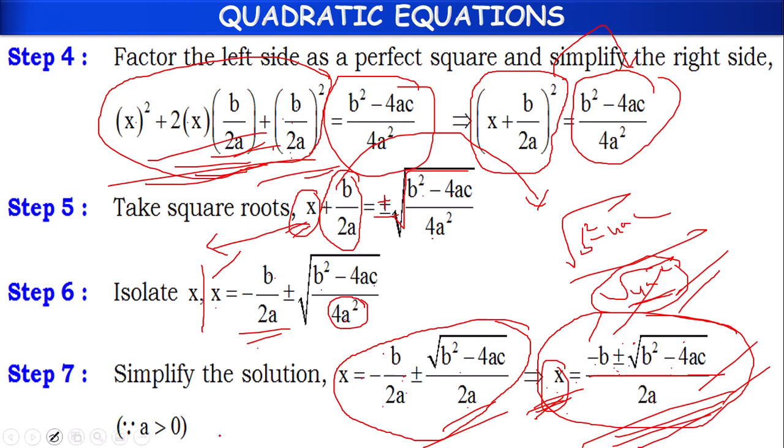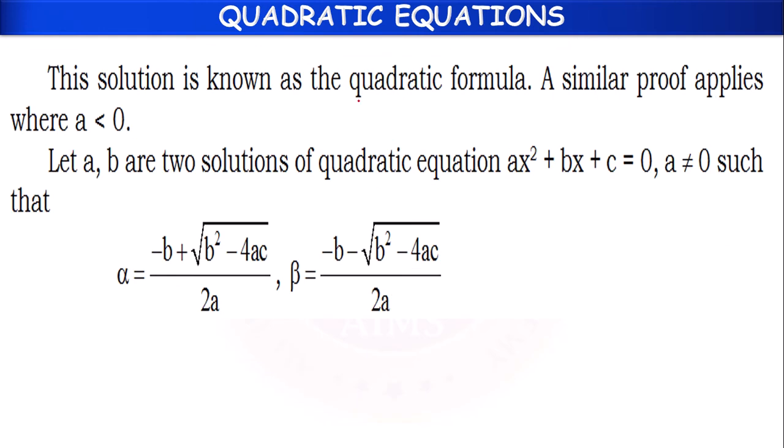This condition we have found for a greater than 0. If a is greater than 0, we have applied all these values and concluded this equation. A similar proof also applies for a less than 0.